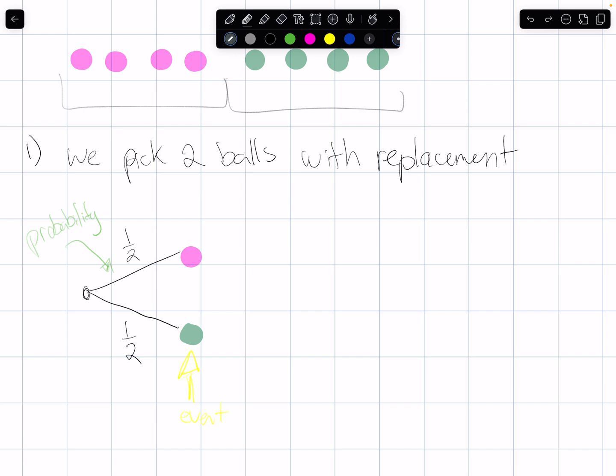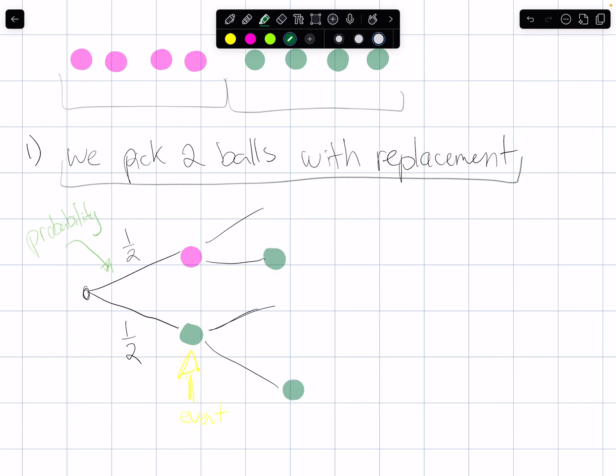Let's go back to our initial question: we pick two balls with replacement. Now we move into two other options, and we're either going to pick a green ball or a pink ball.